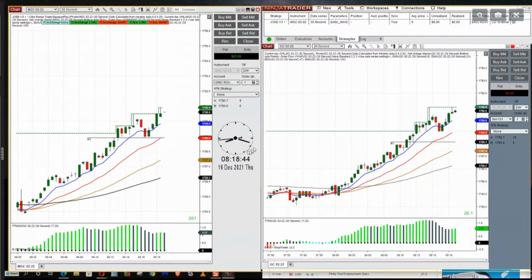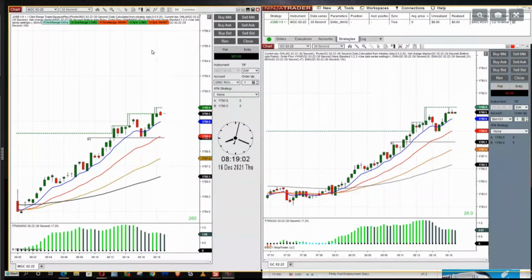Now the gold opening is taking place in 2 minutes, 1 minute. I'm ignoring the 2 buttons on the right, long and short. Those are immediate entries into the market, long or short. And I'm not doing that. I'm using my software as an ATM. I'm setting up an ATM squeeze play, okay?